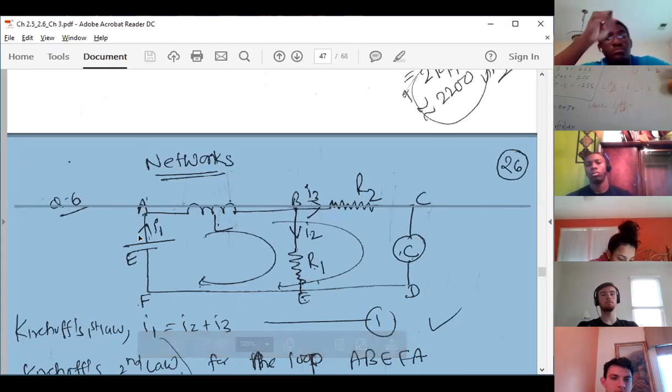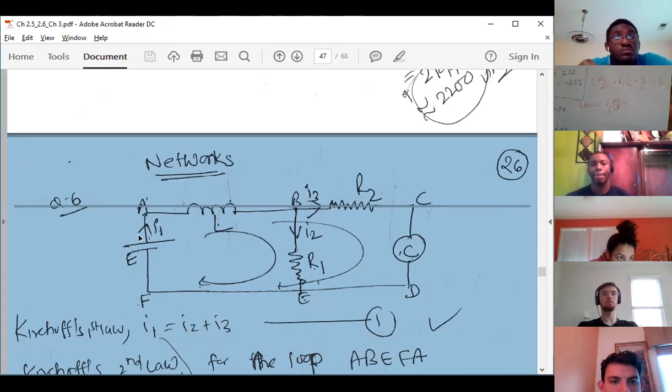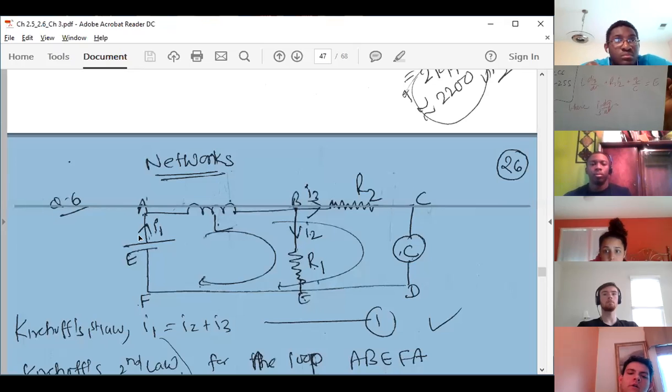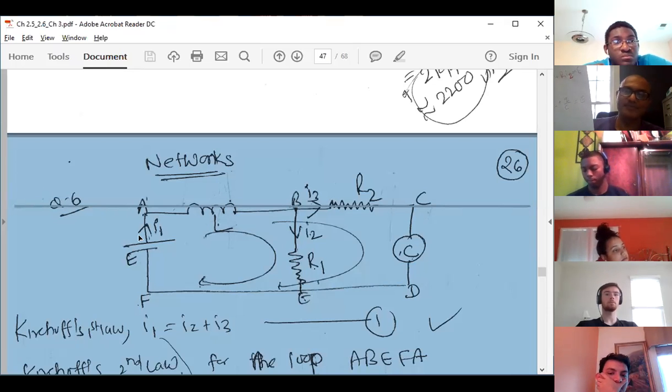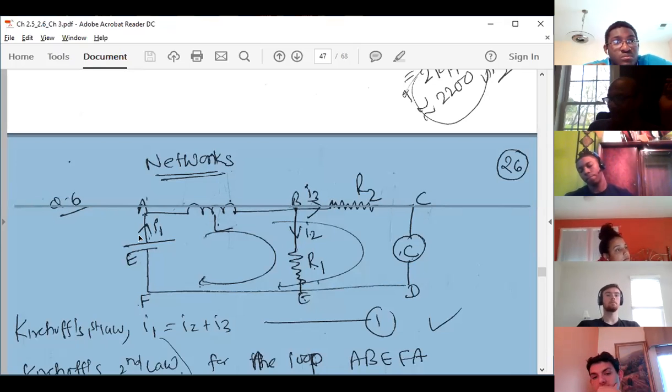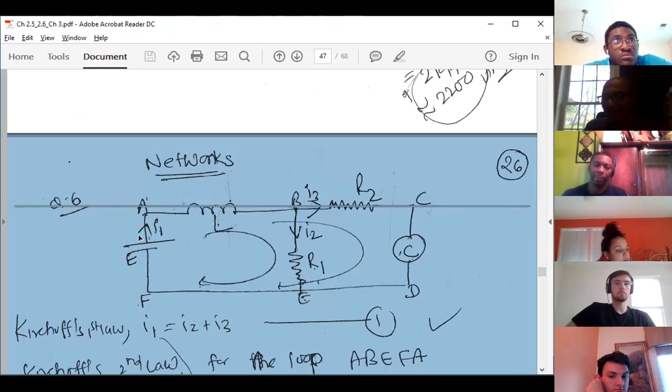These are my equations now. Just try to focus on the red lines. Clear? Okay, and now you're almost done.